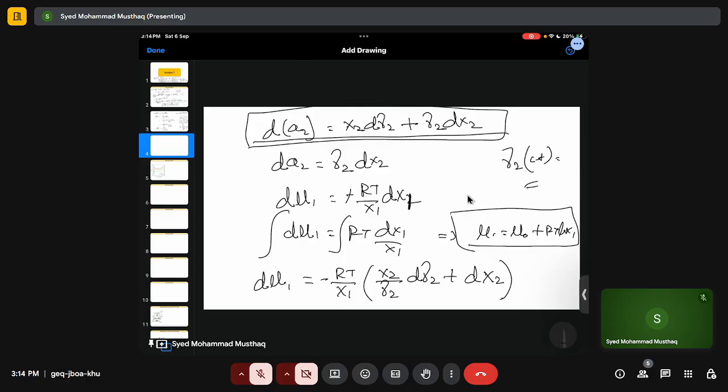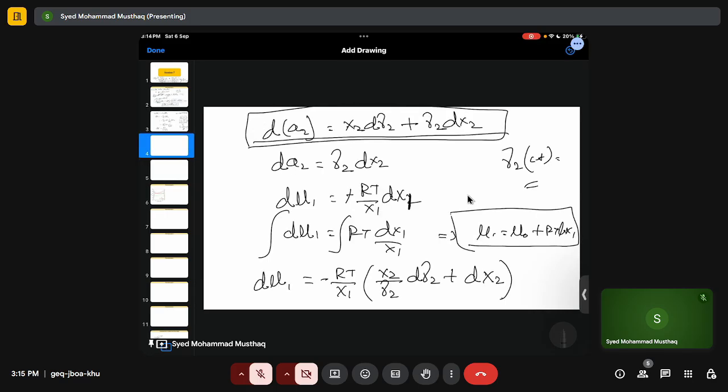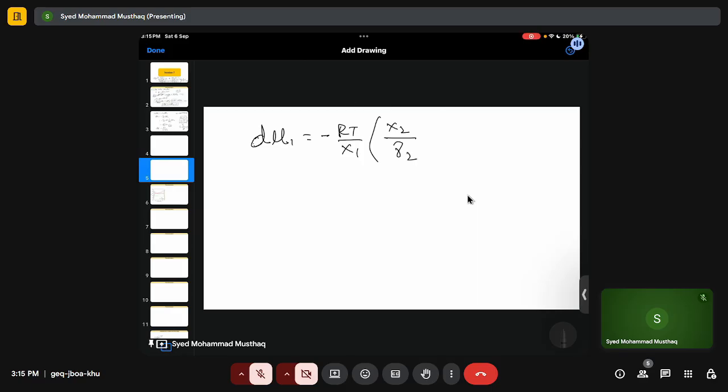Now d mu1 equals minus RT upon x1, x2 upon r2 plus dx2. Now see, when we do the differentiation, at first this part and this part will turn into RT ln x1. This part will turn into RT ln x1.